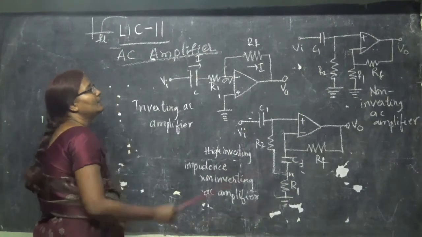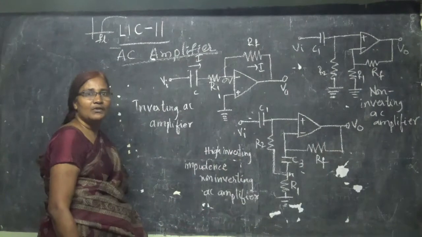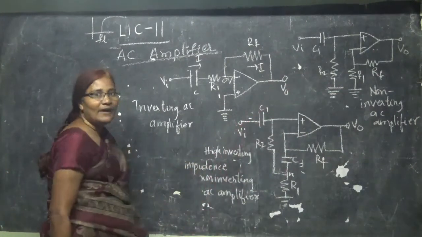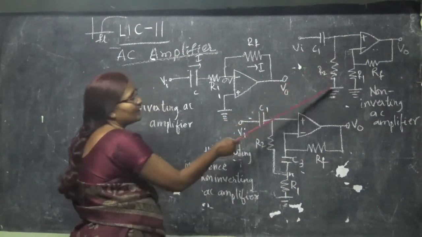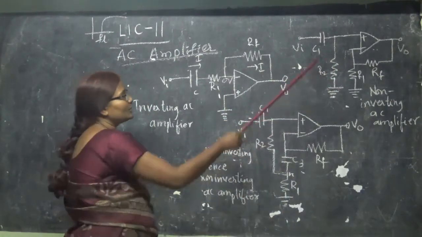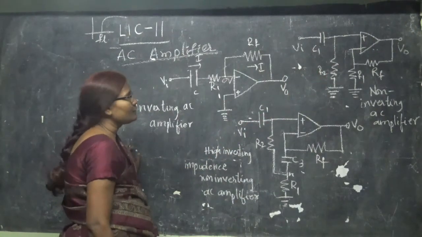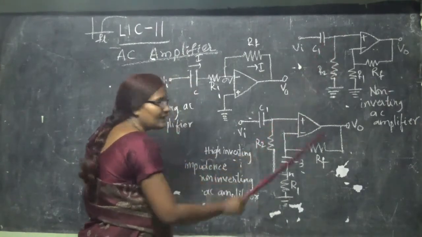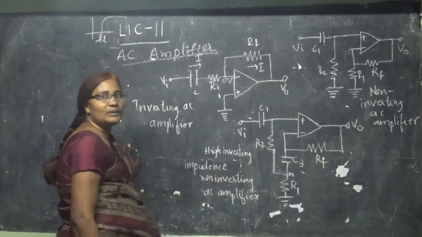So here, after C1, one resistor is added at the non-inverting terminal, and this is grounded. Why is this resistor added? To make a path for DC to ground. The resistor R2 is used to form a path for all the DC to go to ground. If you use any finite resistor at the input loop, this will decide your input impedance.